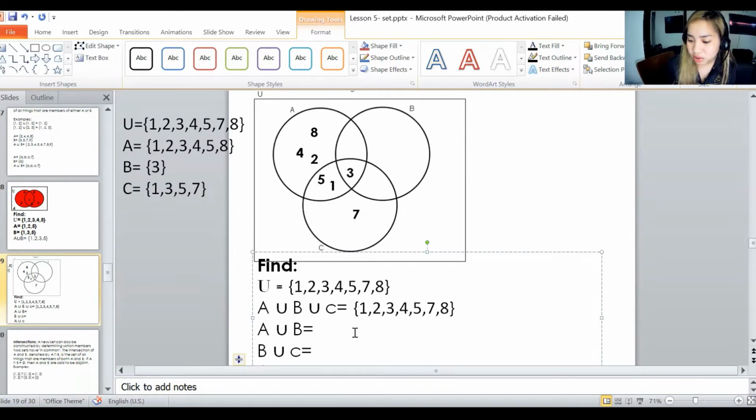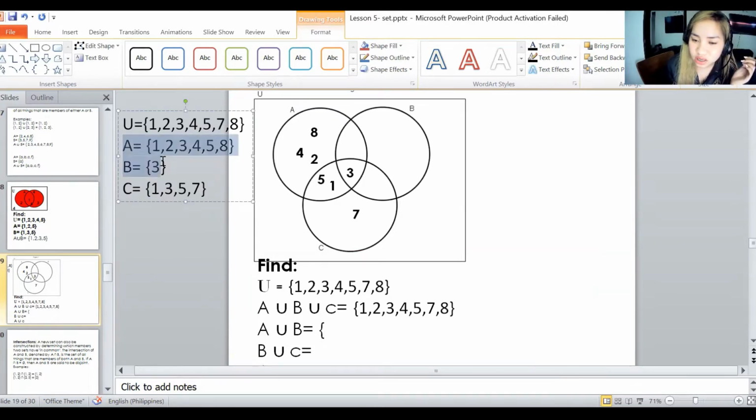So, ang hanapin naman natin is elements ni set A tsaka set B. So, dito lang tayo titingin, sa circle na to, and dito naman sa circle na to, set A tsaka set B. So, dinefine na natin kung ano yung laman ng circle na yan.